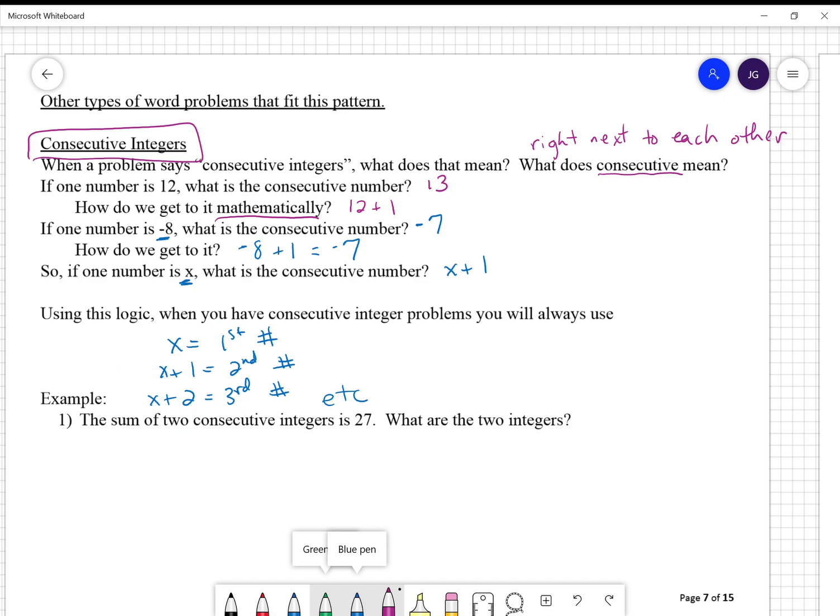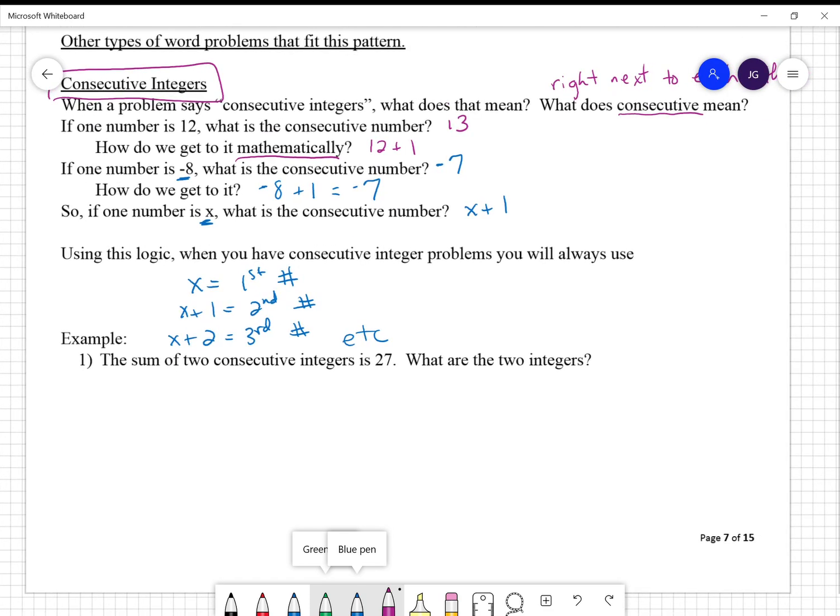Okay, let's look at how this works. The sum of two consecutive integers is 27. What are the integers? So I'm going to start with my unknowns. First integer, second integer, because it said 2.